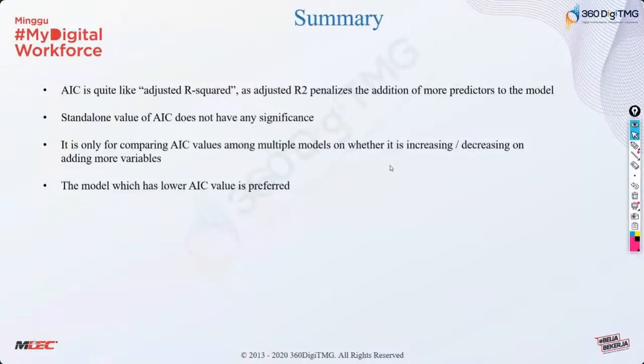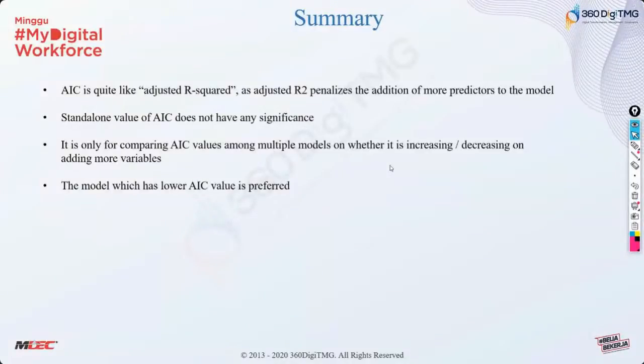So just to summarize the theory, AIC is just like adjusted R squared, a parameter which penalizes the model when a new variable is getting added. It's a kind of measure of goodness of fit. Now, a standalone value of AIC does not have any significance.